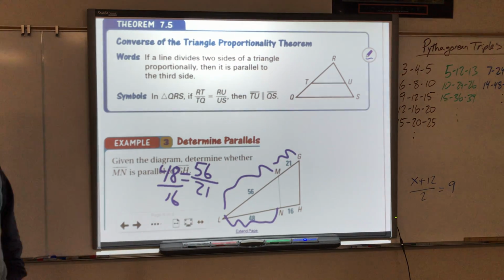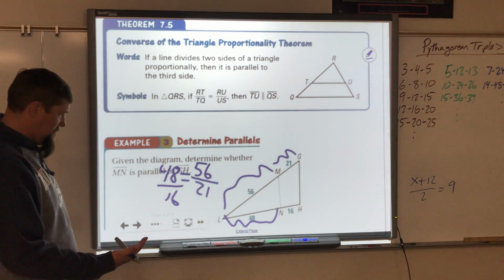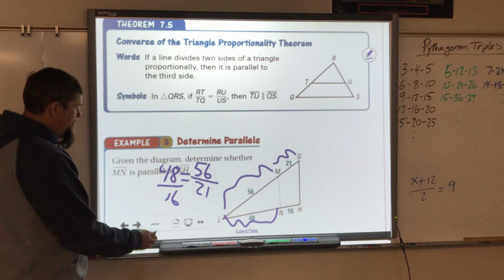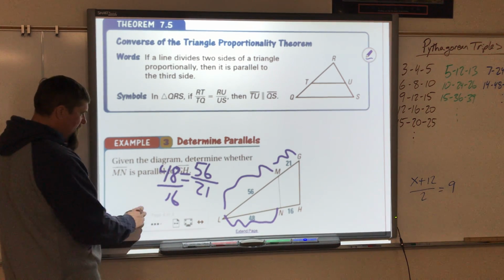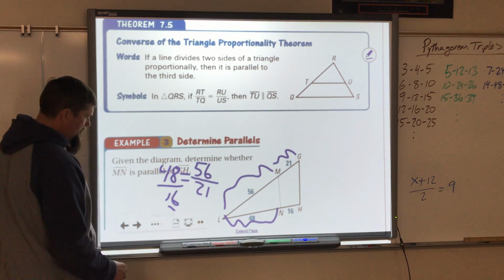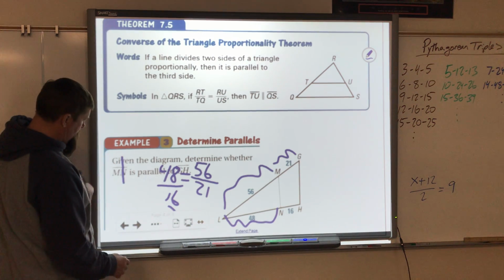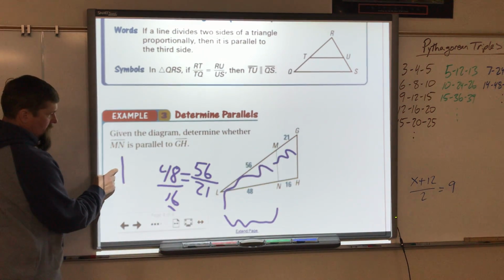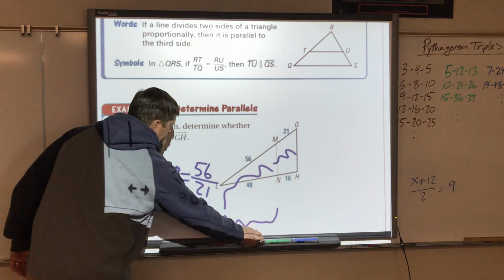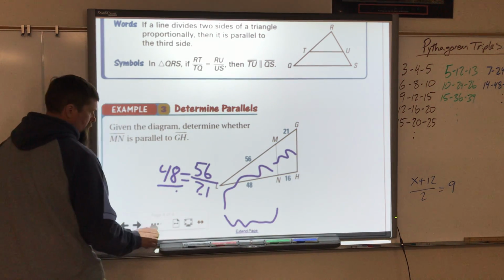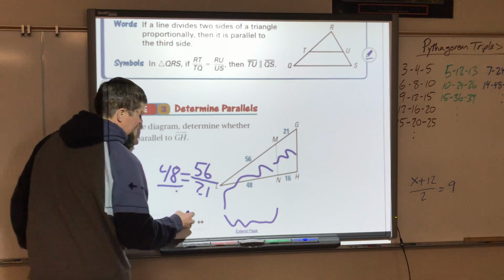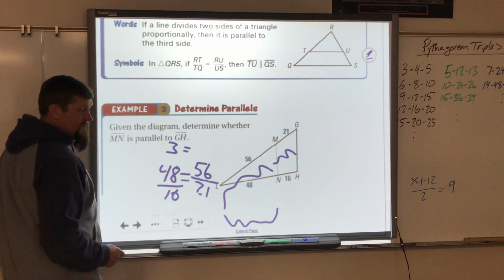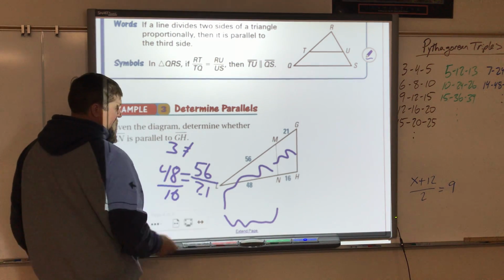Again, I can use a decimal. 48 divided by 16 is 3. 56 divided by 21 is not 3.